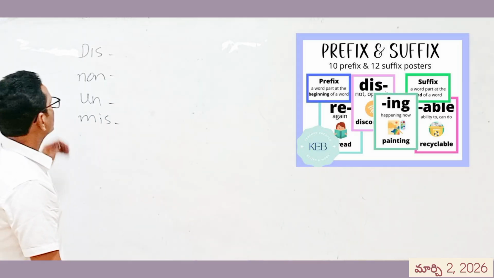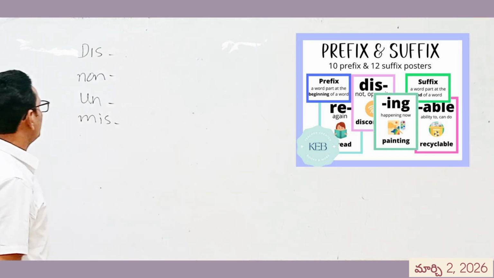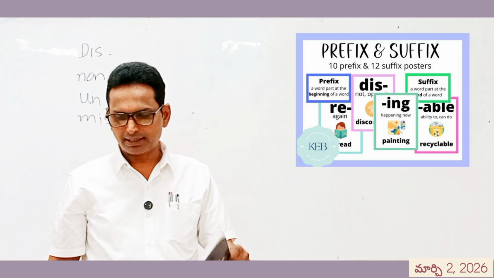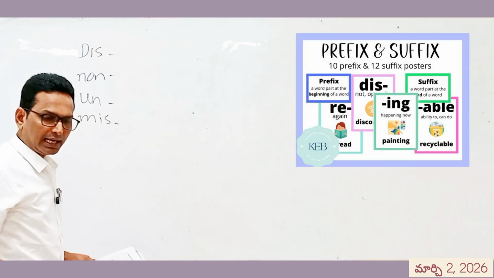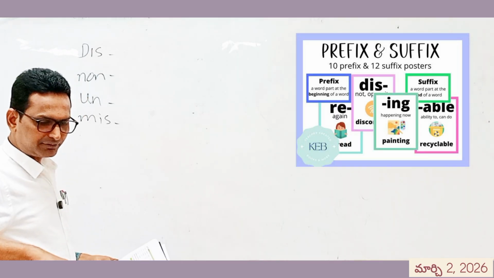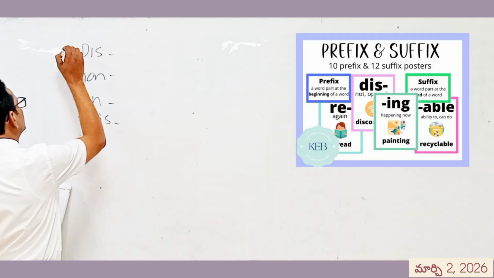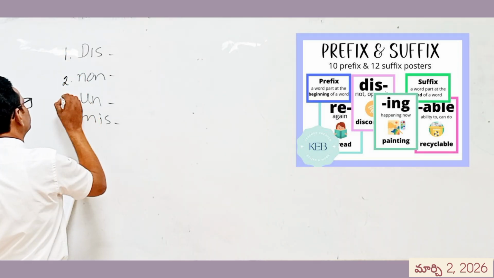By using these prefixes, we will make different words. Today in this video, let's take a look at a few examples of how we can make different antonyms by using these prefixes.